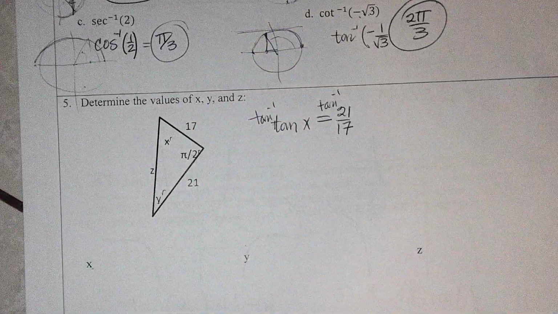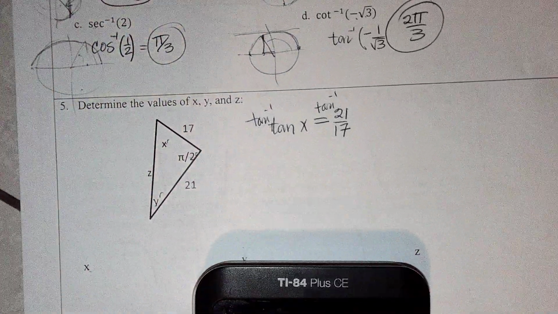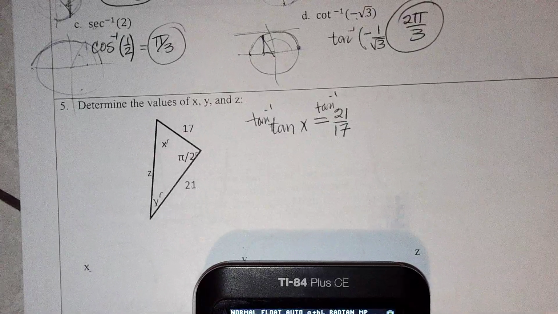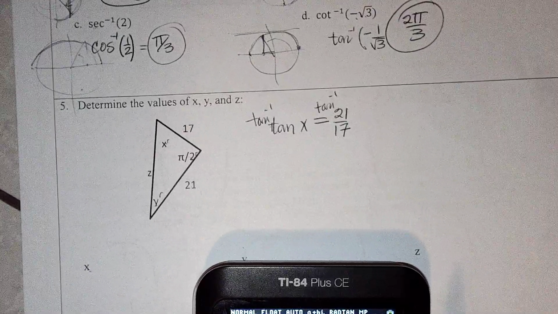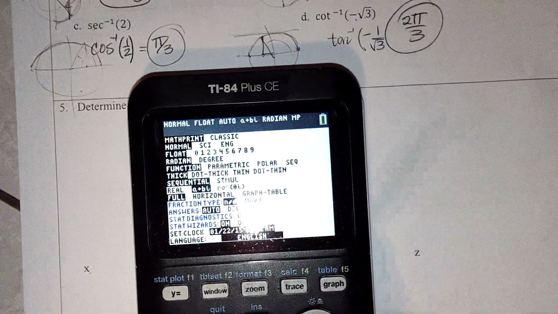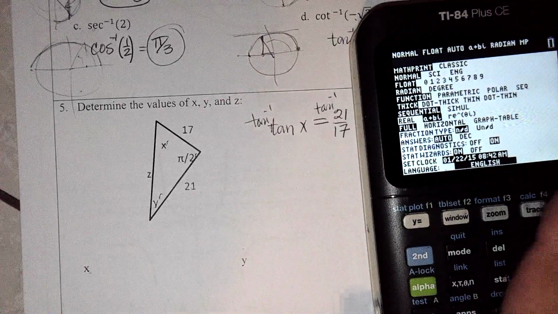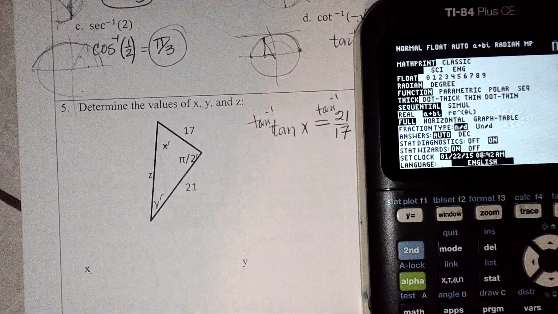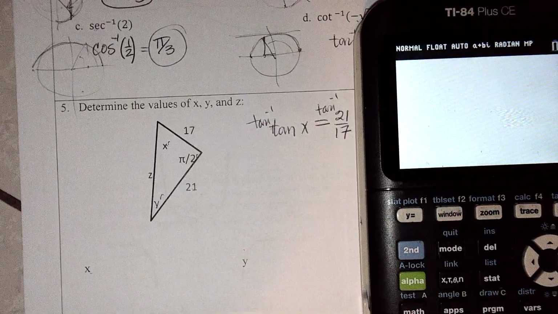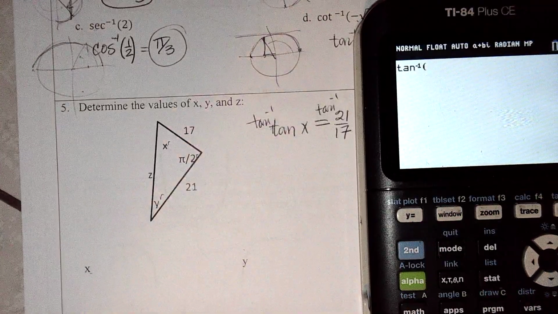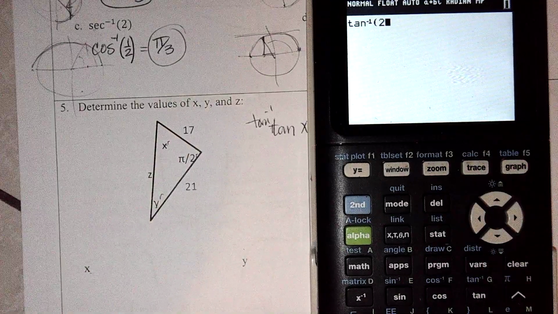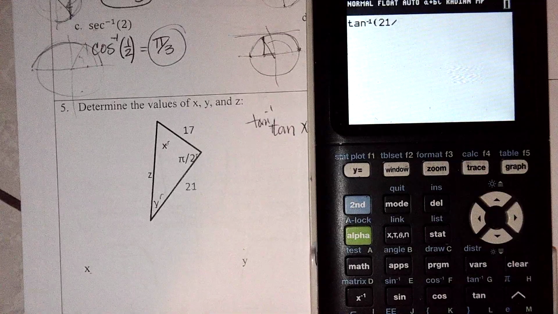And so I'll pull out my calculator, make sure my mode is in radians. It is. And so I'm going to do tangent inverse of 21 divided by 17.